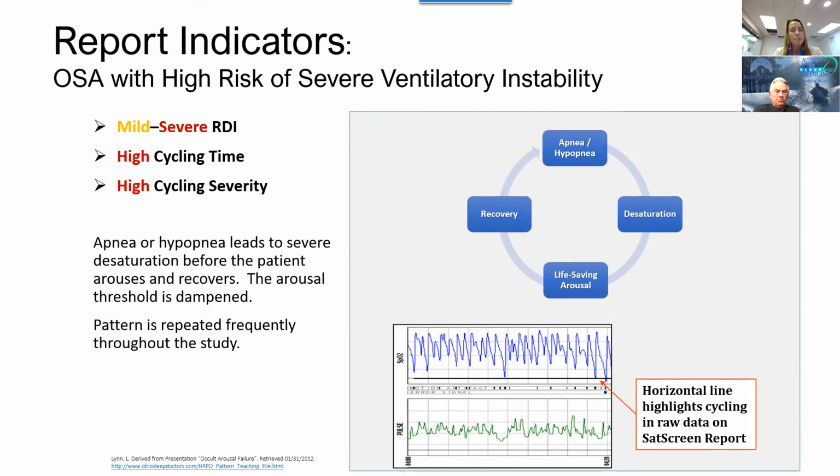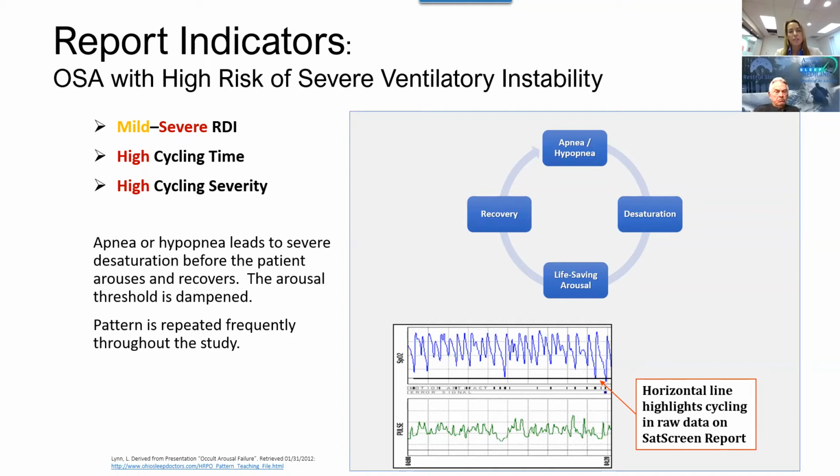In these patients, sometimes you'll even see a milder RDI. Just because the RDI is only 10 per hour does not necessarily mean that the patient doesn't have a severe problem or isn't at risk of heart attack or stroke.